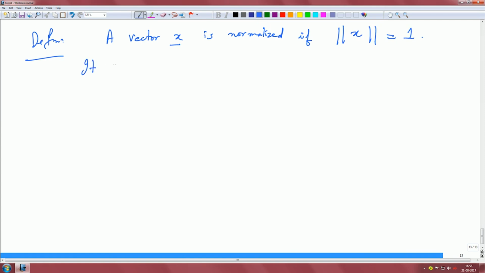I think it is trivial to say that it is possible to normalize any vector except the 0 vector, because you can't normalize the 0 vector, you can't divide by 0, right.